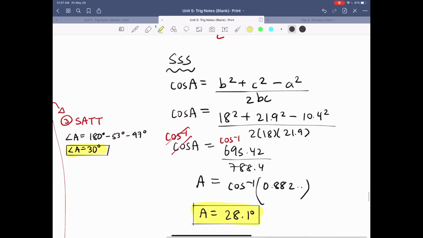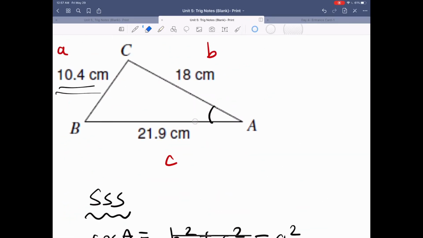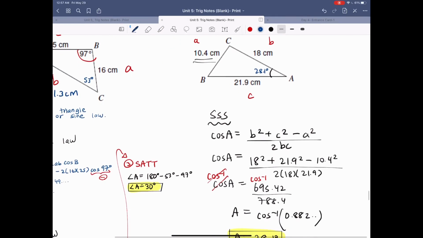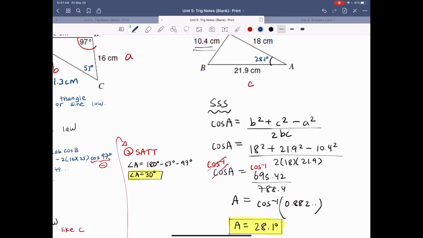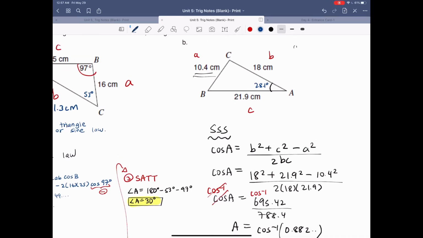So we can go back to our triangle and write that this is going to be 28.1 degrees. That's not enough information, so there's a couple of ways that you can solve for this. We still can't use SOHCAHTOA or the Pythagorean theorem, although it's tempting, because it's not a right angle triangle.